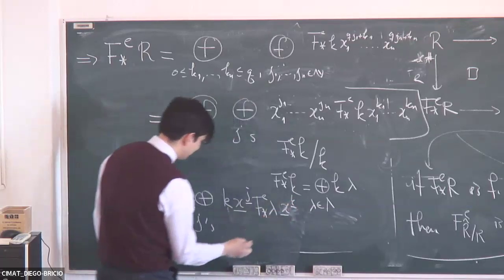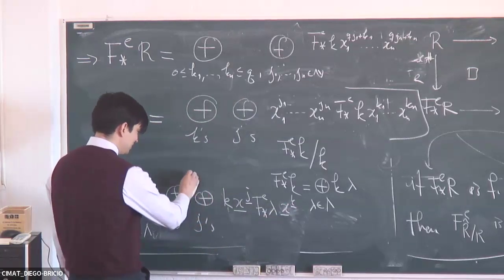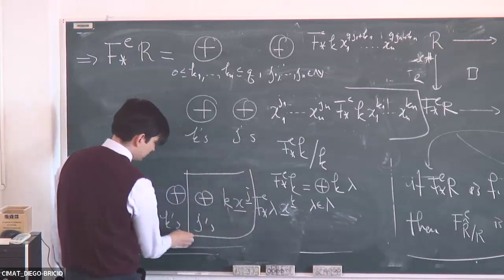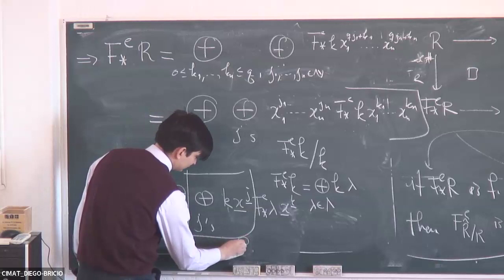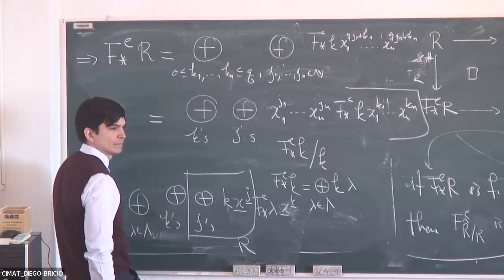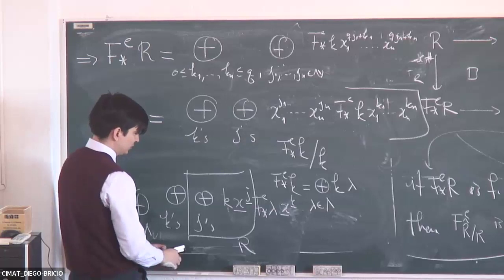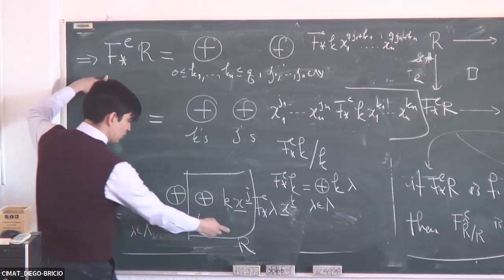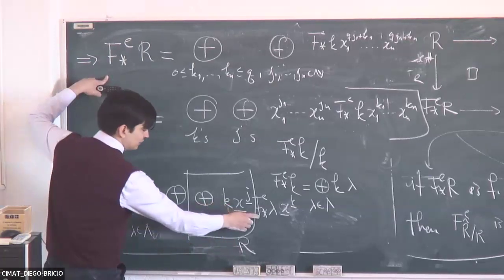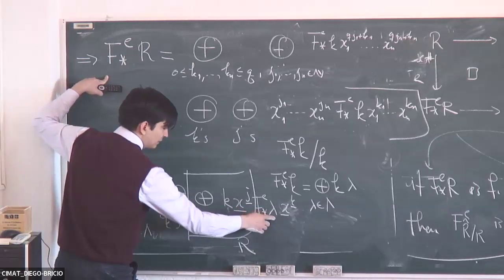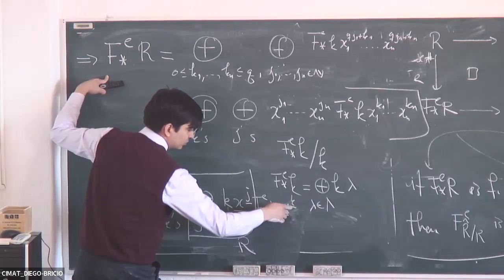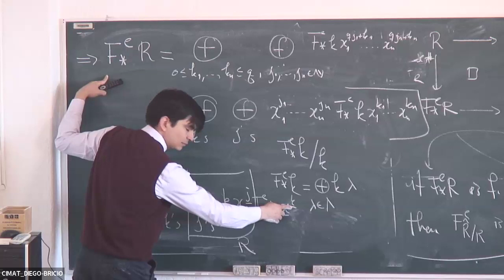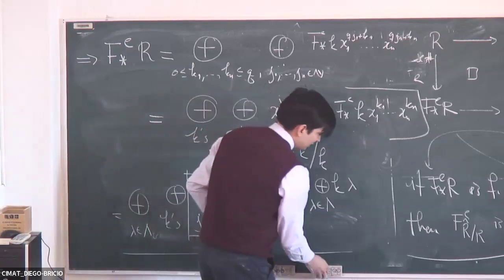And with that in place, all I need to say is that when you look at what you got here, it's just a copy of R. And so this is to say that this guy is free over R, and the basis is just given by the Frobenius push forward of lambdas times the x to the all possible residues. That's it.